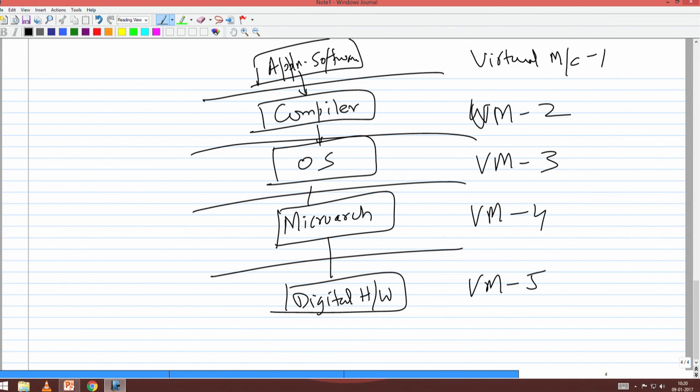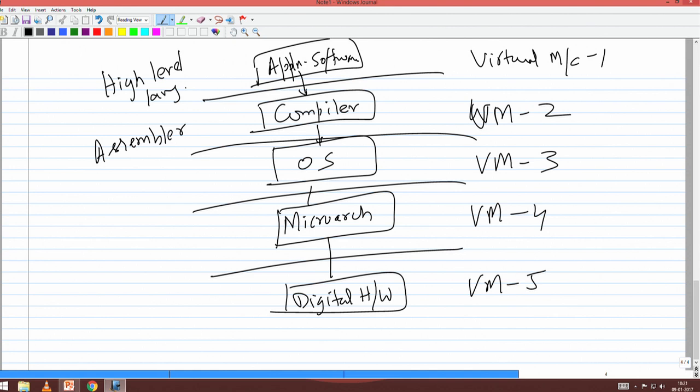For example, the application software is basically written in a high level language like C, C++, Java. Then there is a compiler which actually converts this high level language into a language that is understandable by the hardware.